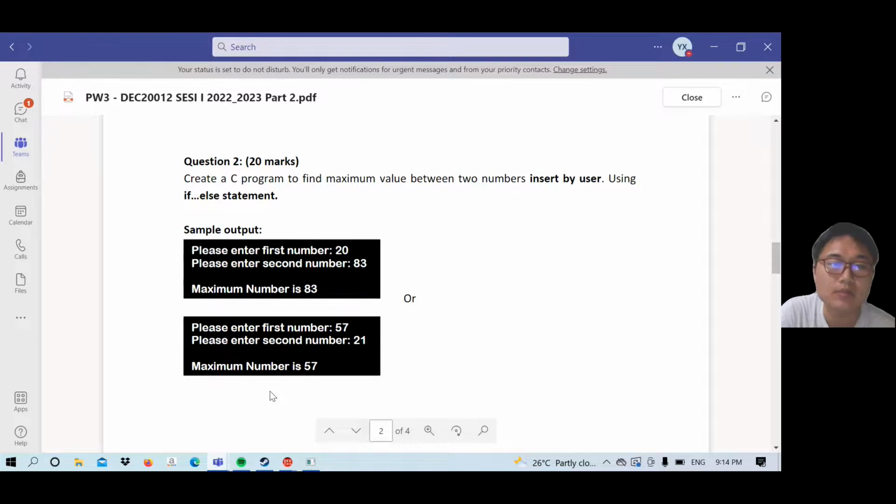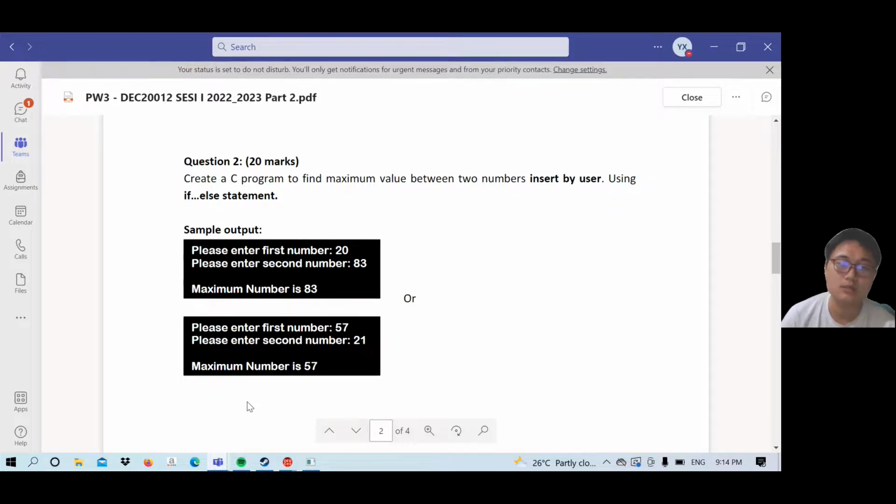The sample output is: please enter first number 20 and please enter second number 83. The maximum number is 83. And then please enter first number 57 and second number 21. And the maximum number is 57.